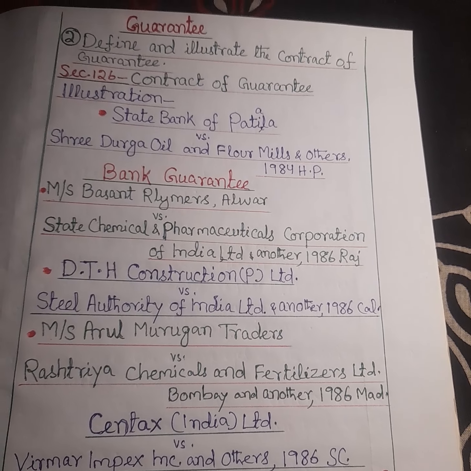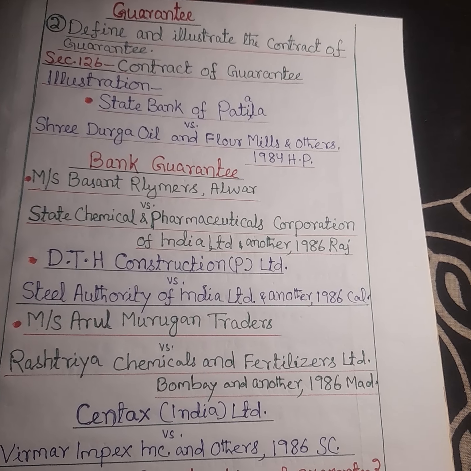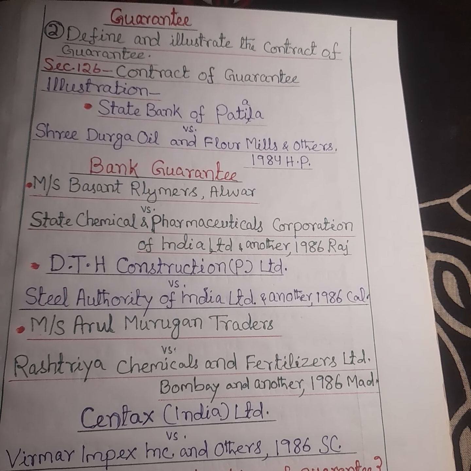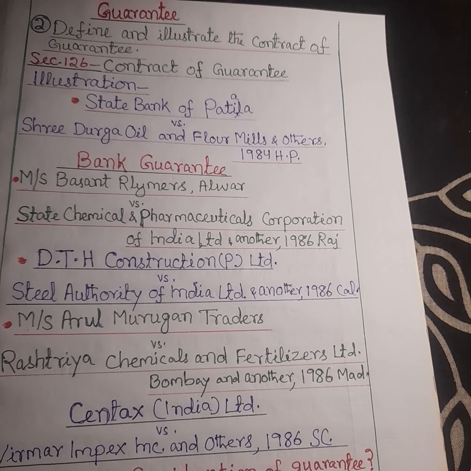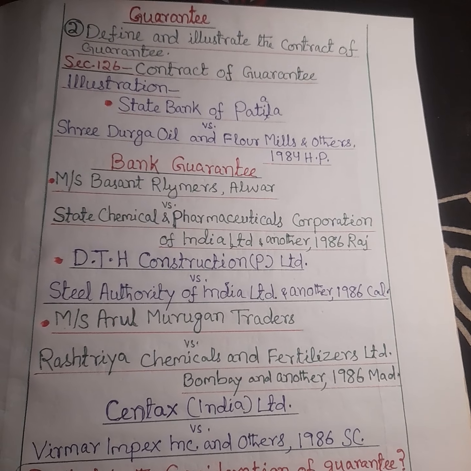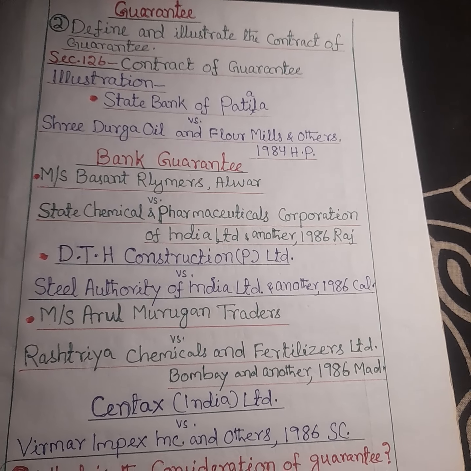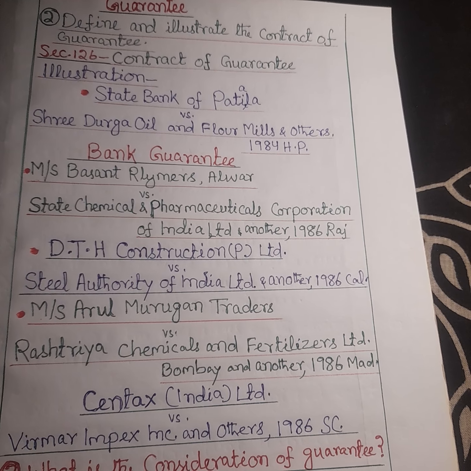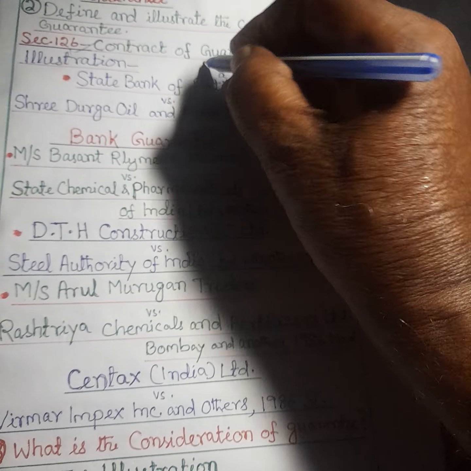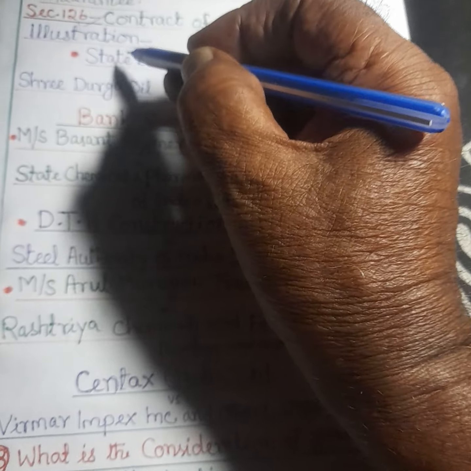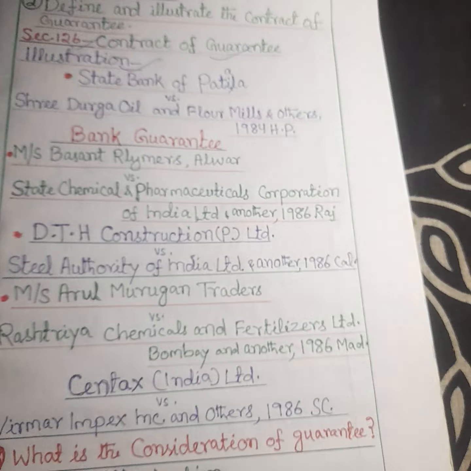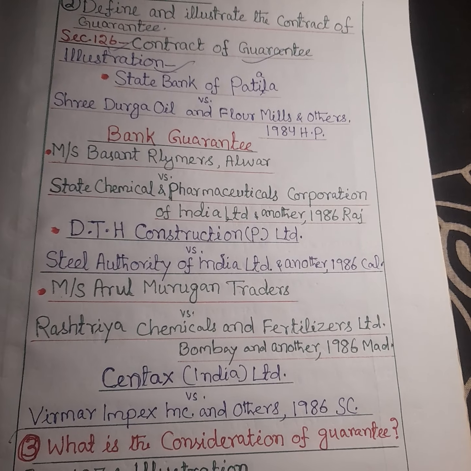Question number 2 relating to contract of guarantee is: define and illustrate the contract of guarantee as it is provided under Section 126, as well as the illustration relating to this section.